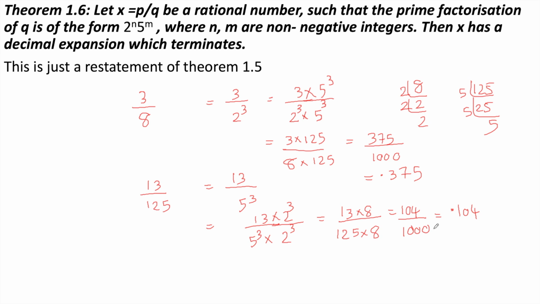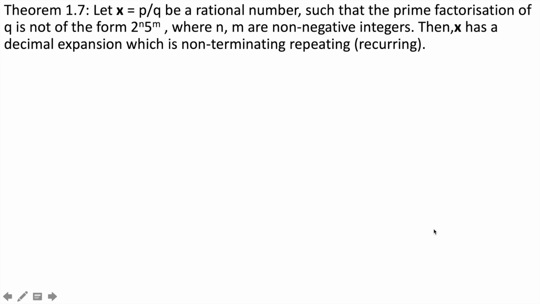This is theorem 1.6. Then come to theorem 1.7. Let x equal to p by q be a rational number such that the prime factorization of q is not of the form 2 raised to n, 5 raised to m, where n and m are non-negative integers. Then x has a decimal expansion which is non-terminating, repeating. So we are taking a fraction like 1 by 7.